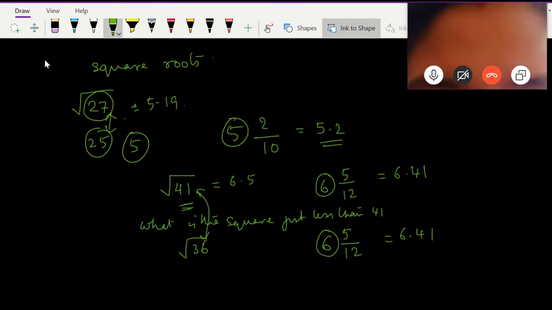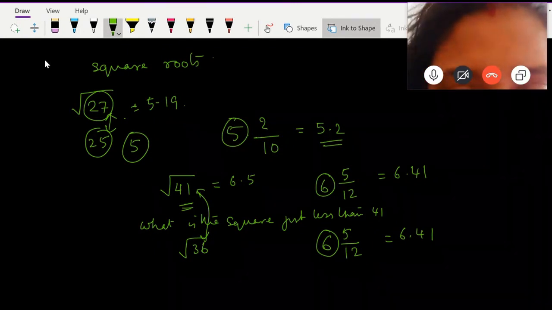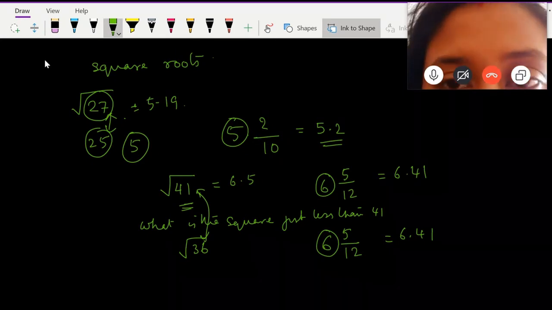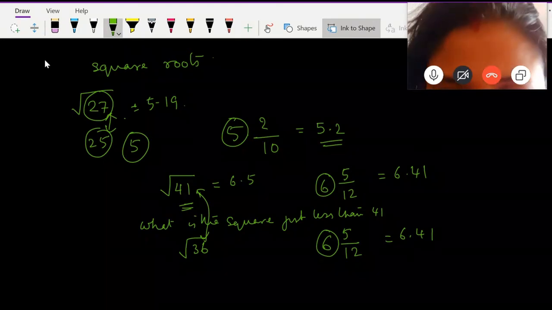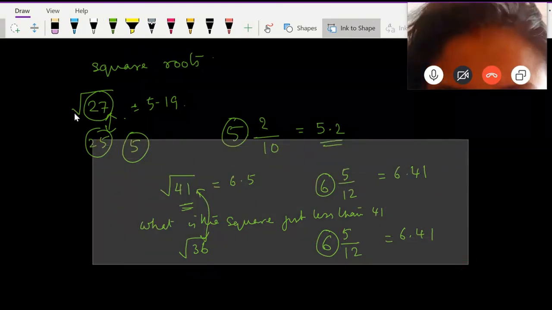So we did cube, we did square root. Now let us look at cube root, and we'll look at only perfect cube roots. We'll not get into fractions because that is not possible by shortcuts.